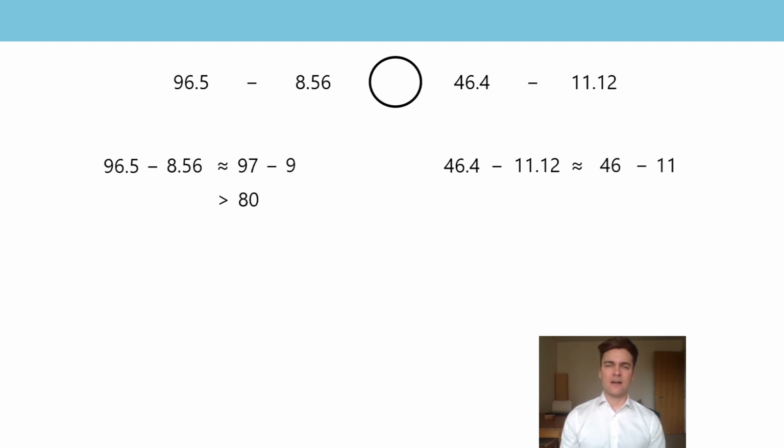So once again, I haven't calculated the approximate difference using 46 and 11, but I have thought if I subtracted, the difference would be greater than 30. So now as I look at my 80 and 30 for the left and right hand side expressions, I can fill in my missing symbol. 80 is greater than 30.